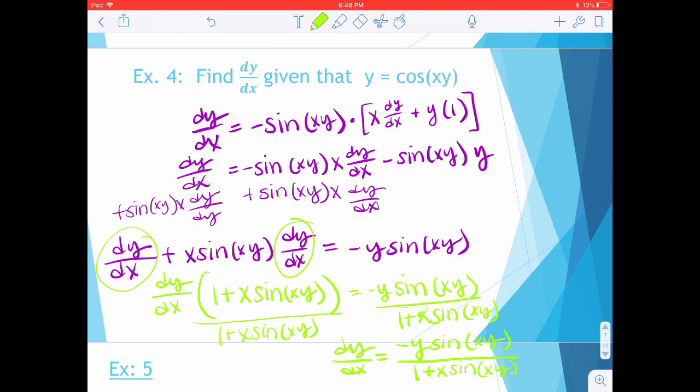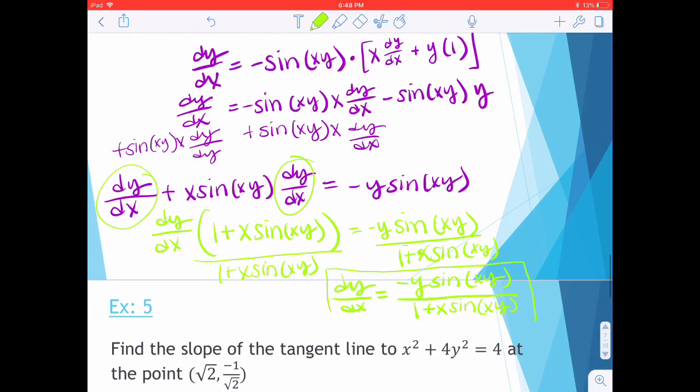Whew. All right. Sorry, I ended up changing colors there. So that's our final answer. That's our derivative of y with respect to x, and it was a doozy, but we did it.